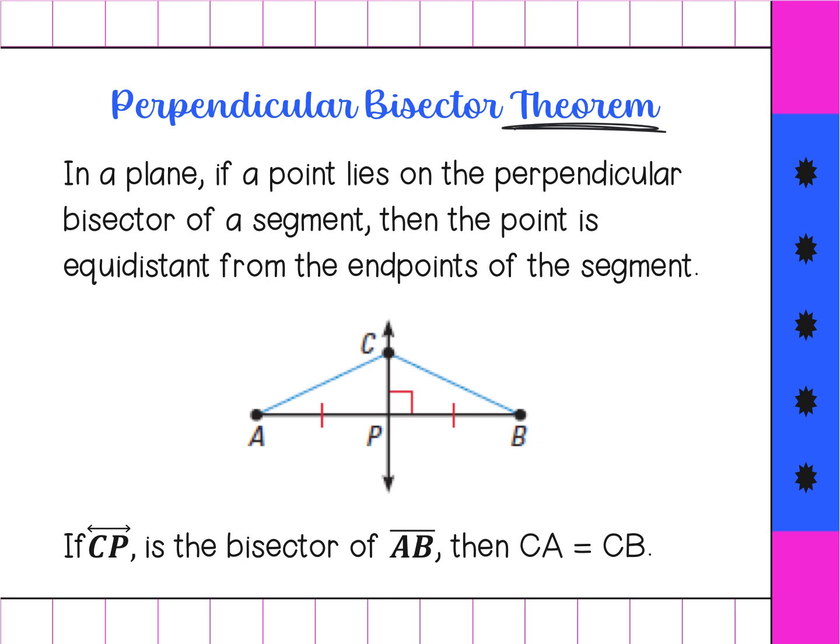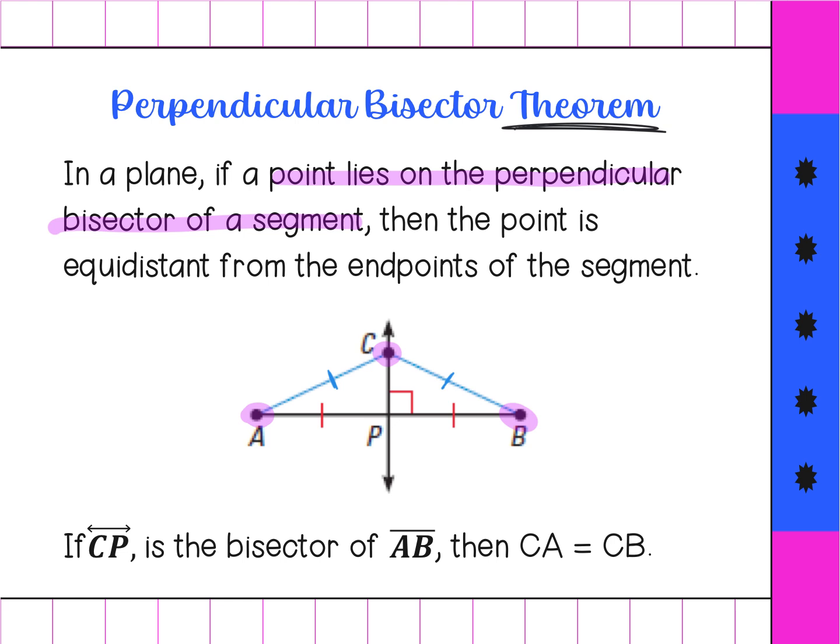If a point lies on the perpendicular bisector of a segment, so this is my point that lies on my perpendicular bisector. My perpendicular bisector is right here. Here is my point also along my segment. It's saying then the point is equidistant from the endpoints, meaning if I were to draw a line, which they did, this is the equal distance from my segment.